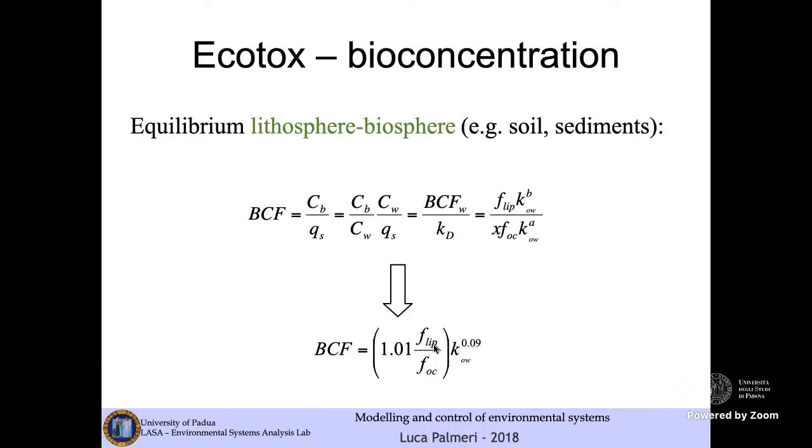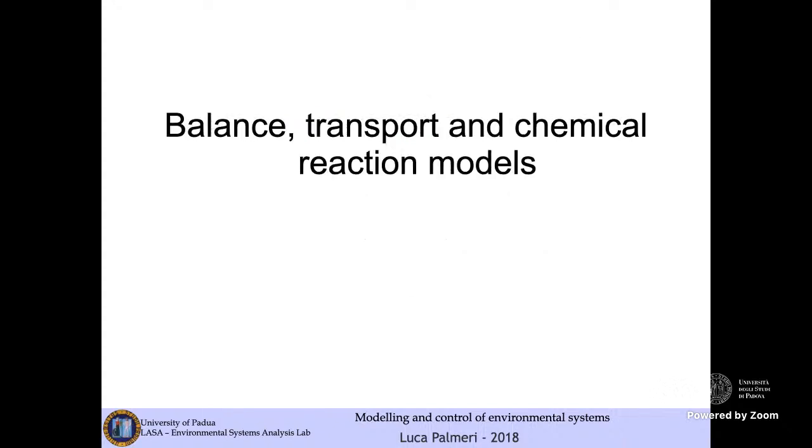So here you have characteristics of the biota. Here you have characteristics of the solid onto which the contaminant sticks. And here you have the characteristics of the contaminant, given that this power is 0.09, almost zero. So there is a very weak dependence on the KOW.